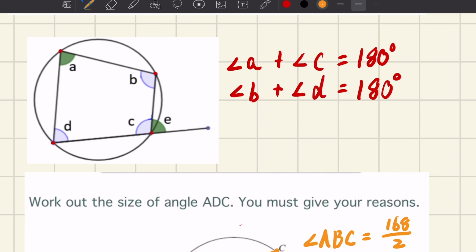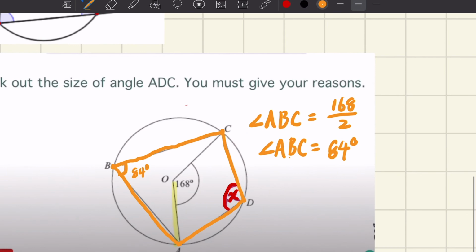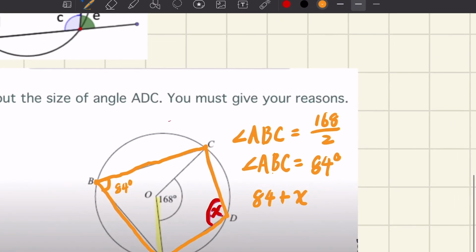The opposite angles always add up to 180 degrees. So angle ABC plus angle ADC, the angle we're trying to find, should equal 180 degrees. So we can say that 84 plus x is equal to 180 degrees.